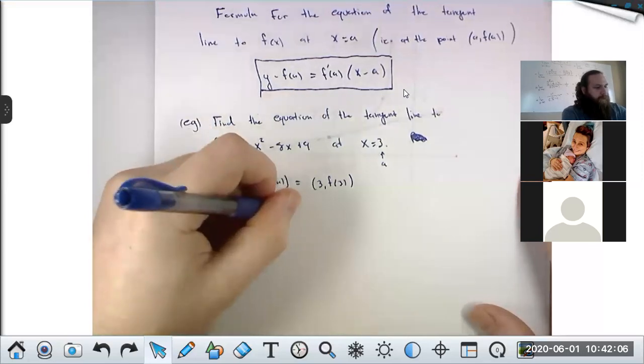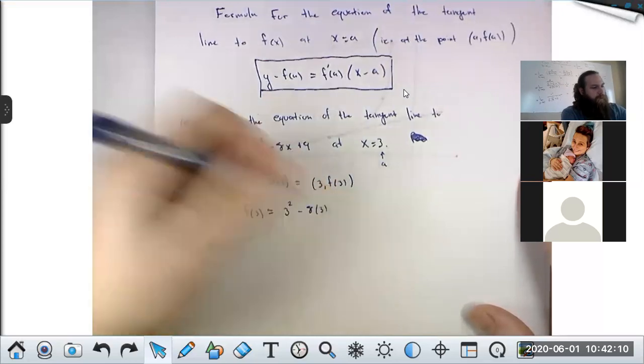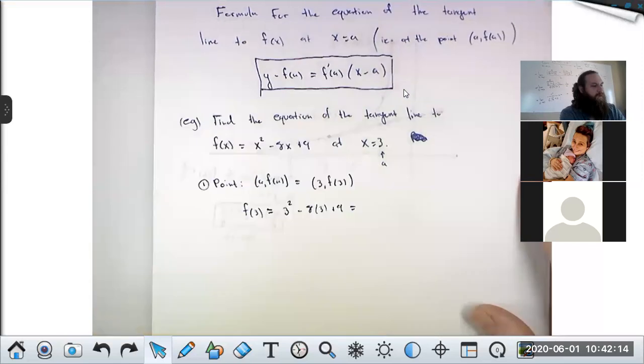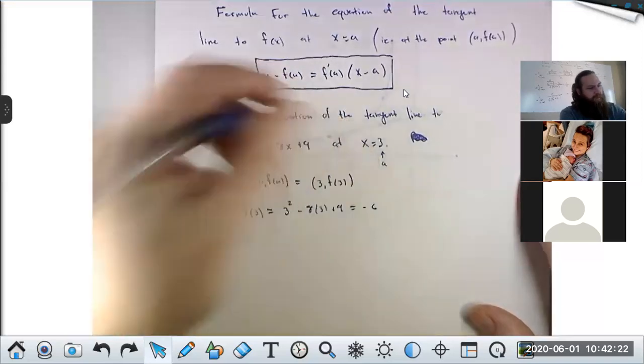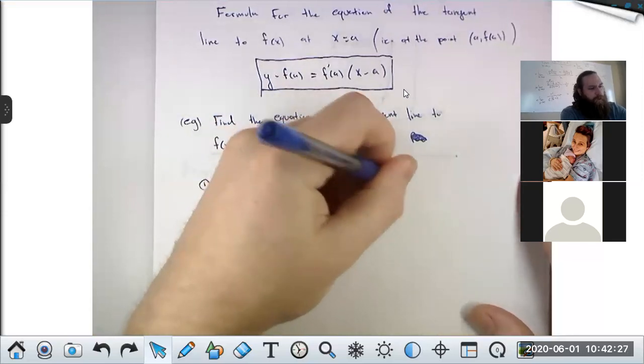So that's 3 squared minus 8 times 3 plus 9. So what is that? That's 9 plus 9 is 18 minus 24. That's minus 6. So this point 3 comma f of 3 is 3 comma negative 6.